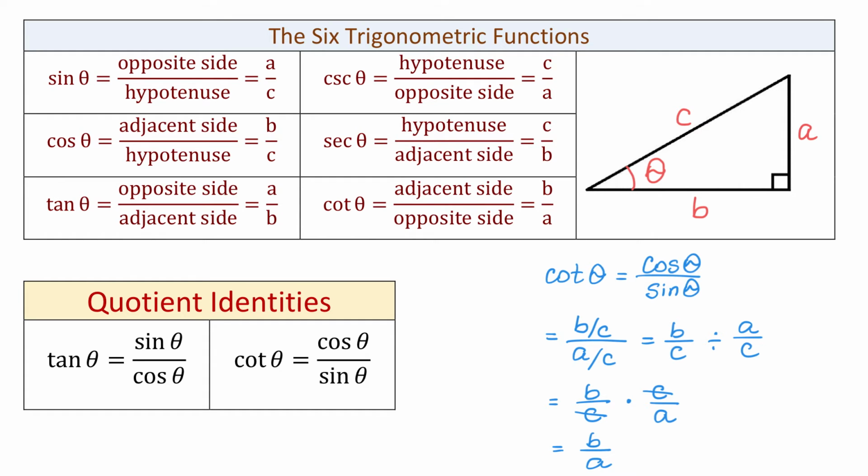So from these two identities, we need to remember that we can write tangent as sine over cosine, and we can write cotangent as cosine over sine.